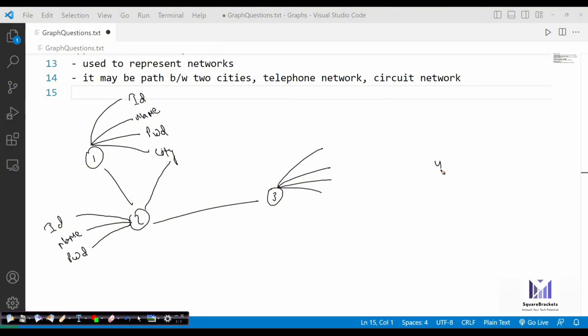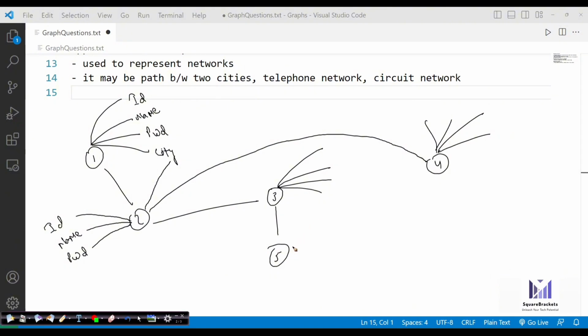There will be a fourth person who also has ID, name, password, city, and maybe the second person is connected to this one. The third is connected with the fifth person. I hope you are able to understand. So this is how a graph is built. This is how network connections are actually built. So a graph is used in social networking websites like LinkedIn or Facebook, and we can simply use this example to make sure that these are connected.